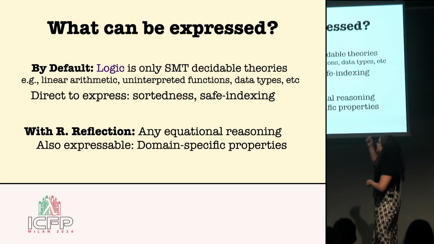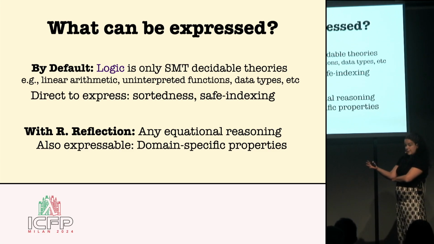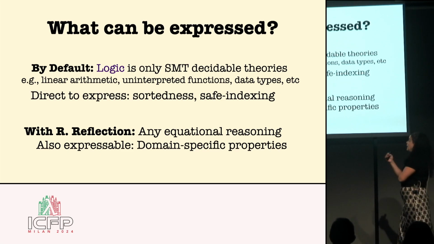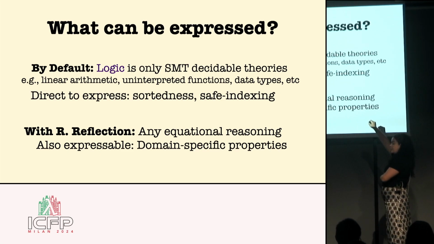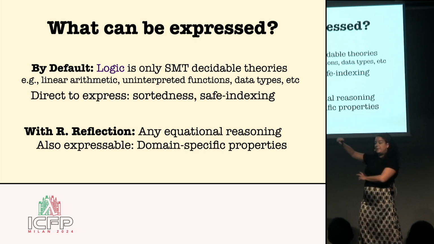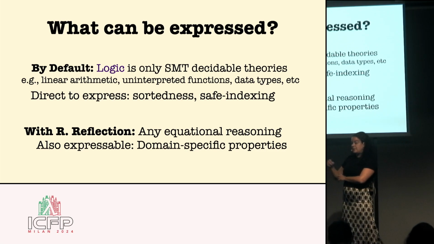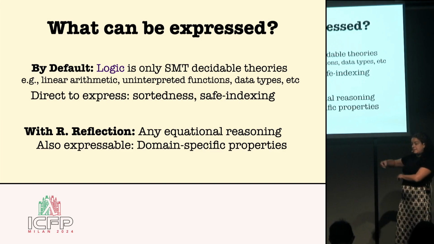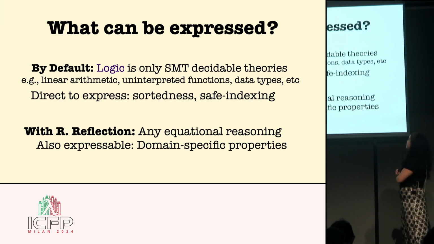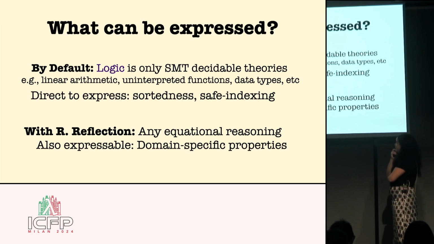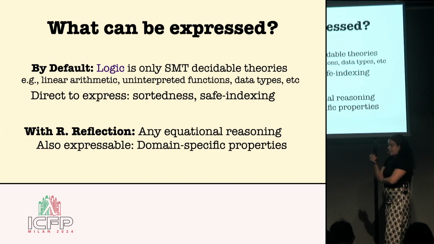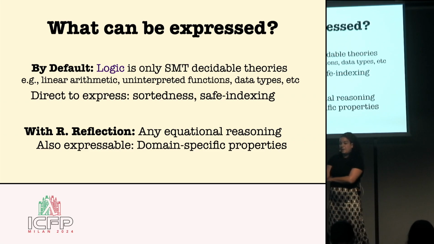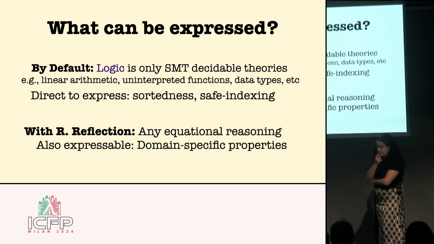And these decidable logics actually can push a lot of expressiveness. So safe indexing is the standard example, but you can use sortedness. If you use uninterpreted functions of SMT properly, you can express great concepts and stay in the decidable fragment. And the good thing is that SMTs expand what you can express. So data types were introduced a few years back, and you have strings, you have a lot of things in these decidable theories.